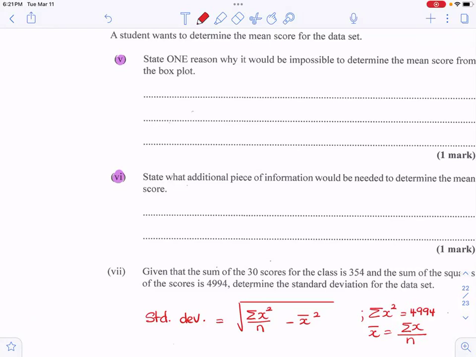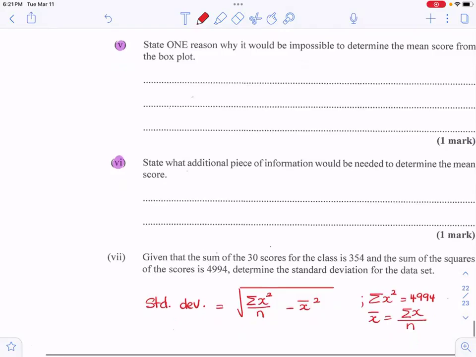Finished? Yes, sir. The standard deviation as well. Well, you could do the standard deviation. I give you the formula and I give you the information there.